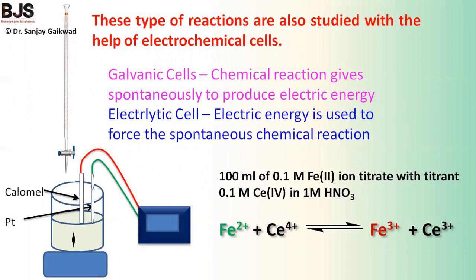For example, in the case of Fe2 plus ion solution, we take it into the beaker, then add the ceric solution from the burette, and measure the EMF change. We keep two electrodes, a reference electrode and a platinum electrode. The ferrous ion solution is green in color. When we add the ferric ion solution, ferrous gets converted to ferric and ferric to ferrous.